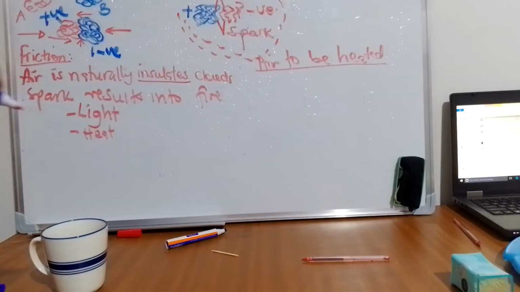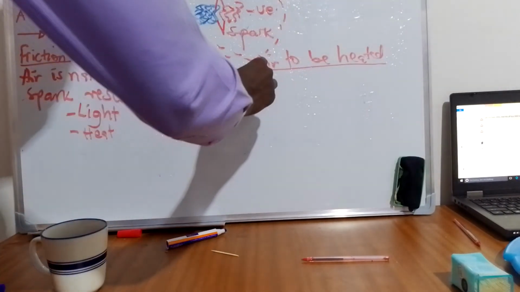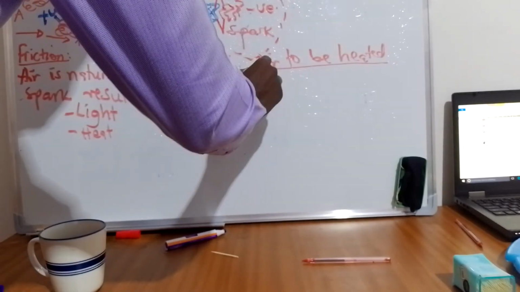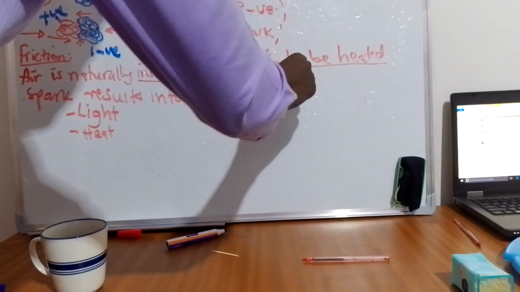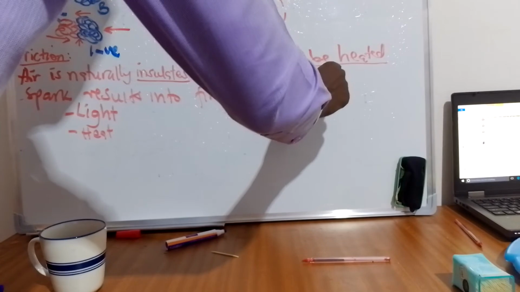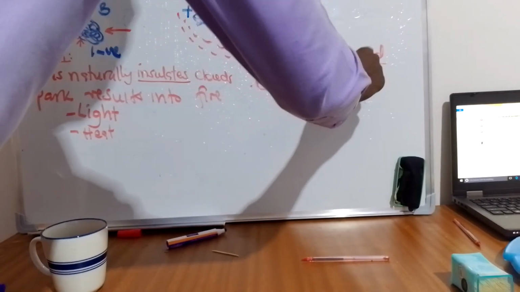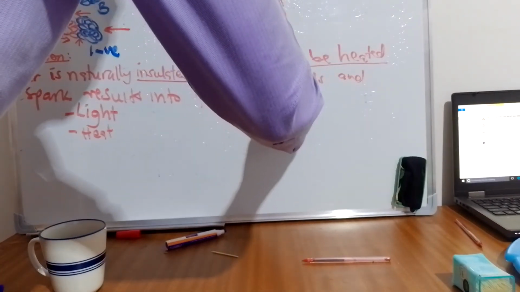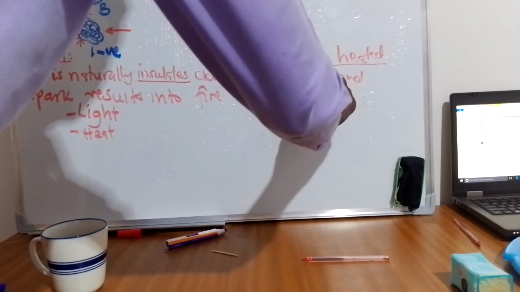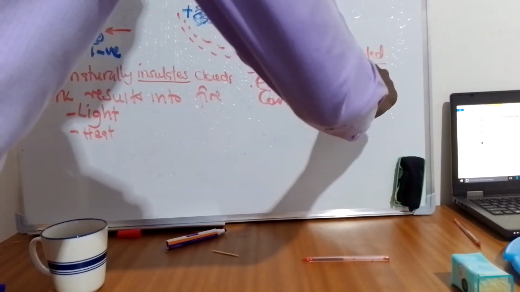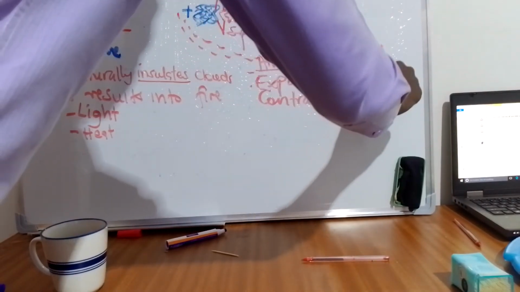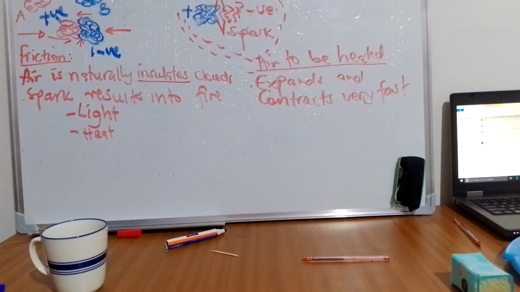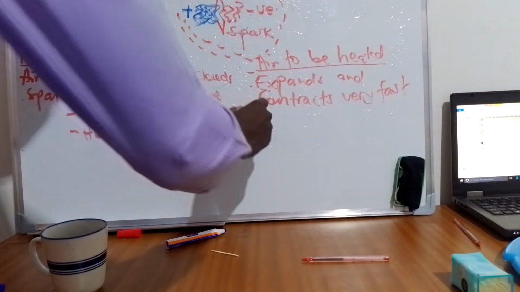When this air is heated, it expands and contracts very fast. Expands and contracts very fast. This results into what we call thunder.